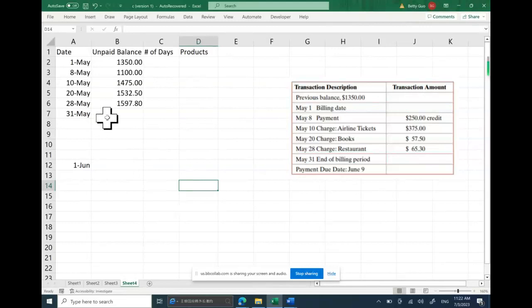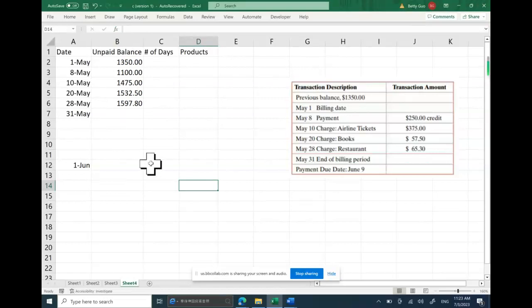On May 31st, you have no transaction at all, so the balance on May 31st is going to be the same as the balance on May 28th. All right, so that is the second column.